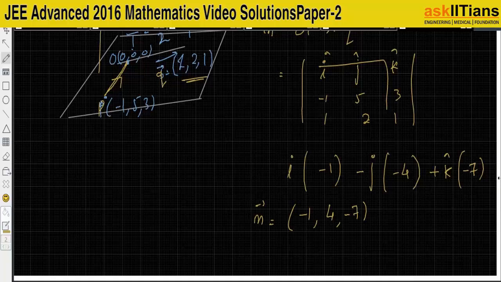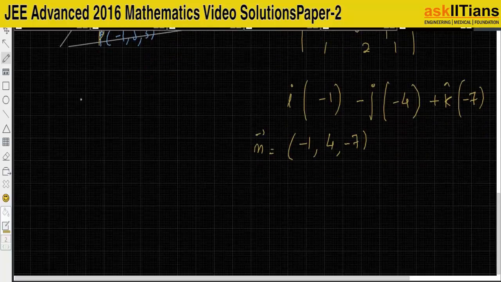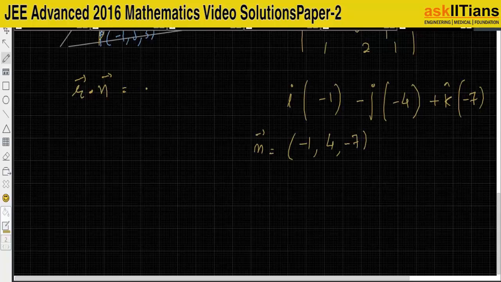Now I can write the equation of the plane by using this: R dot n is equal to A dot n. What is A? A is some point which is lying on this plane. So I can take A as origin, because I know that origin is lying on this plane.